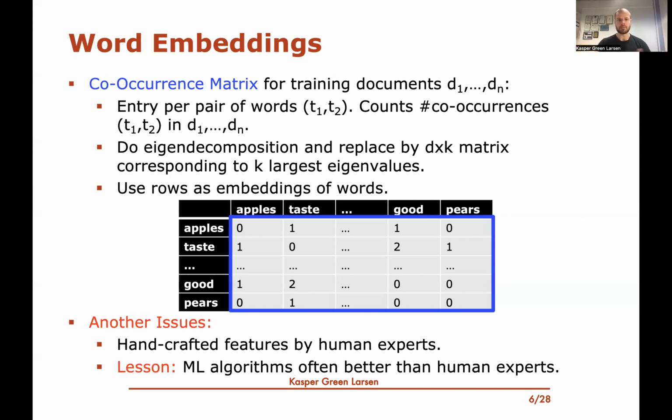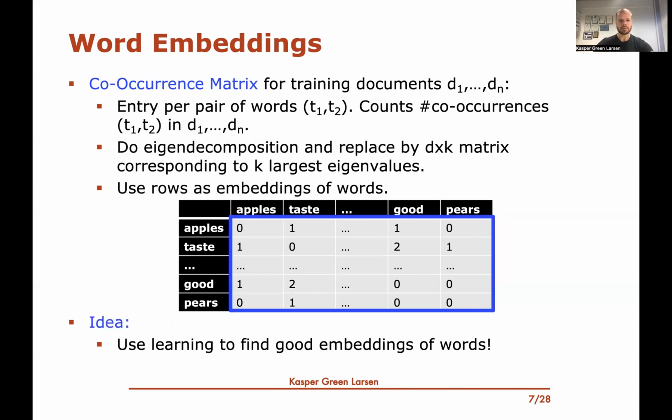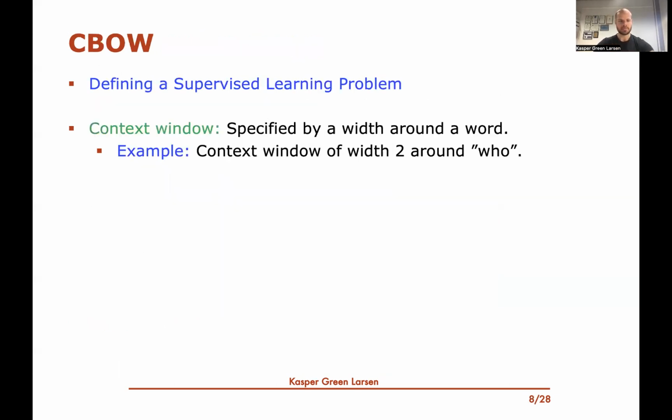But if there's one thing that we've learned in this course in general, it is that often machine learning algorithms are actually better than human experts if they're given enough training data. And this is the motivation, I guess, or approach we're going to try to take here in this continuous bag of words representation. Basically, we're going to use learning to find good embeddings of words. We're not just going to count or come up with some way of defining features that we as humans have defined.